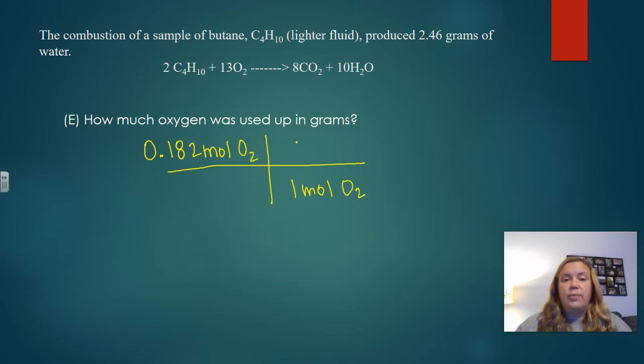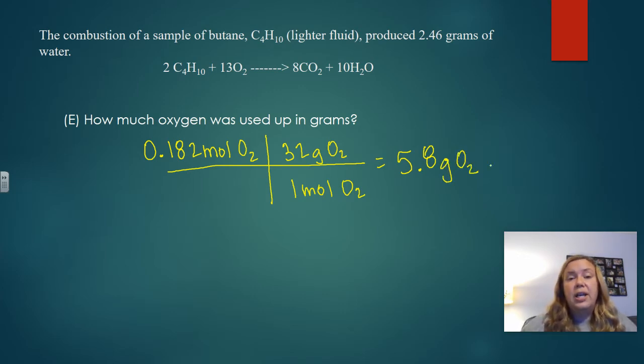So for every 1 mole of O2, I have 32 grams of O2, because remember there's 2 oxygens there. So I'm going to take 0.182 times 32 just to convert it to grams, and I get 5.8 grams of oxygen. So now I know how much oxygen was needed to produce that amount of water as well.